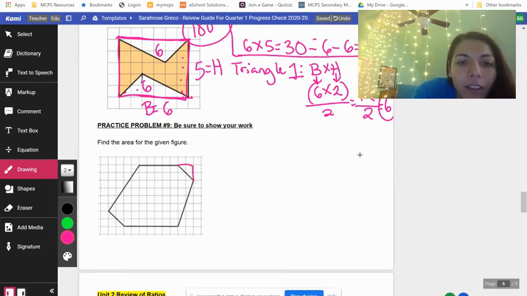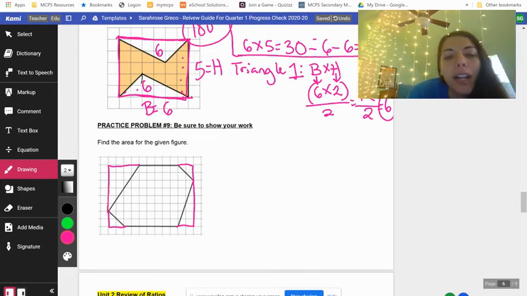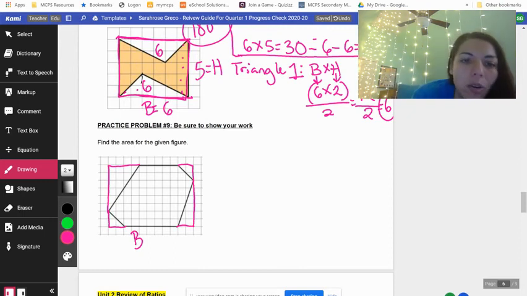I'm going to find the area for this whole shape as if it was a rectangle. And then I'm going to find the area of each triangle piece and subtract it out. So my base, if I pretend that this whole shape was a rectangle, base is 1, 2, 3, 4, 5, 6, 7, 8, 9, 10, 11.